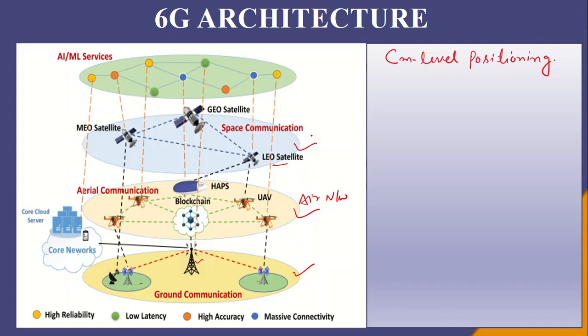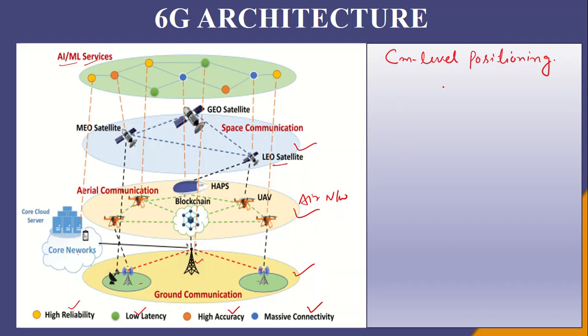So here all the 6G network is connected with the help of artificial intelligence and machine learning services. The 6G network has high reliability, very low latency, it will provide services with high accuracy, and it has massive connectivity. It will connect a multiple number of users.